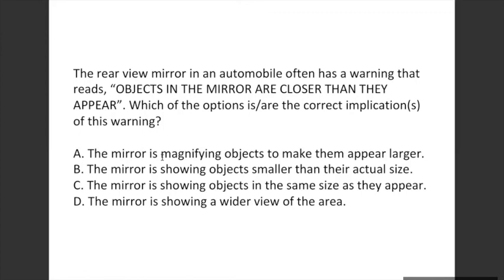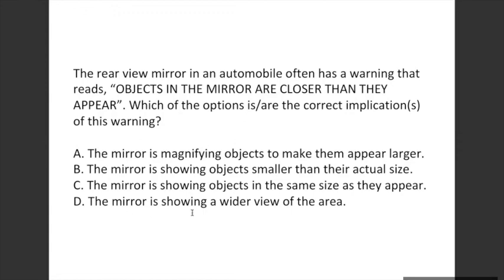In the second option, if the objects are shown as smaller than their actual size, it is able to cover a wider area. If the objects are small, a larger, wider area outside can be seen in the rear view mirror.